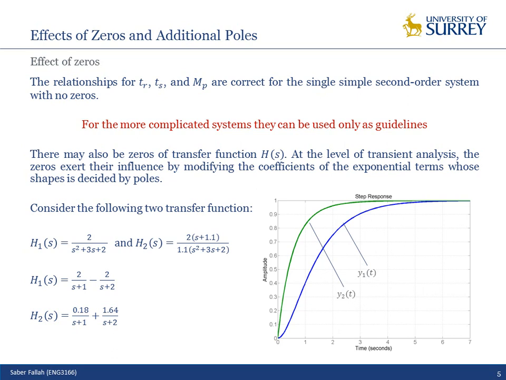As I see, adding a zero to the system won't change the shape of the response, but it will significantly change the speed of the response, the swiftness of the response. Is that clear to everyone? Any question? Do you follow?